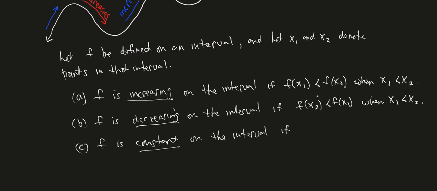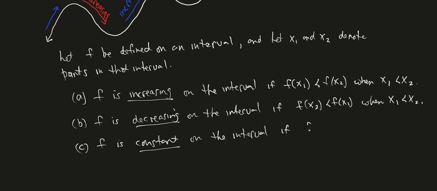If you think about it, these are saying that, for instance, this y value is less than this y value. This one is saying that this y value is greater than this y value. Well, if they're equal, right? So for a function to be constant, the y values would have to be the same.